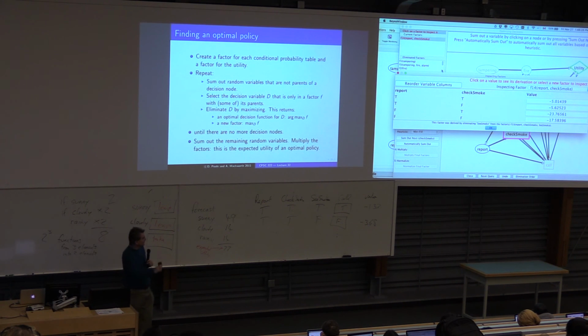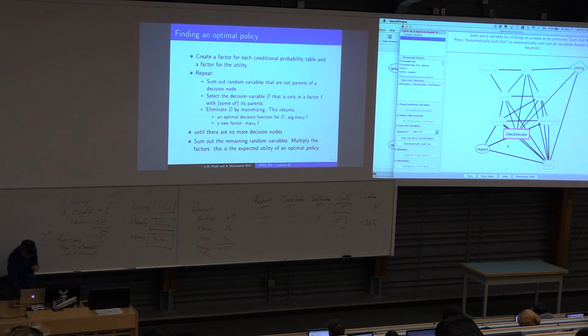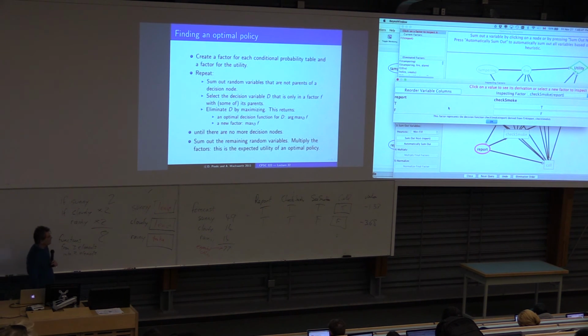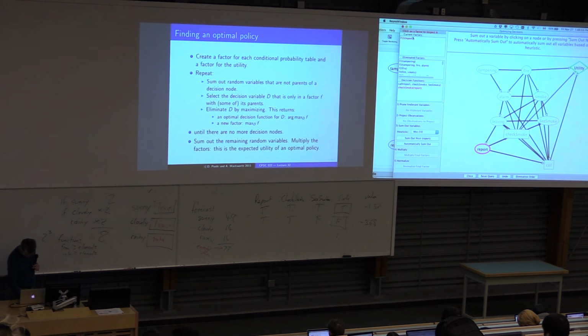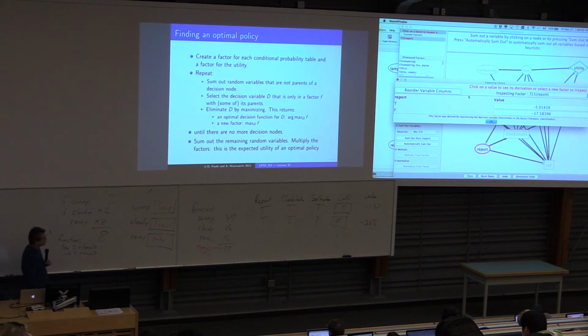I'm going to check for smoke. What if report is false? Well, I'm not going to check for smoke. So if I eliminate this, you find that the policy is the one we just did. The factor here is now a function on report.